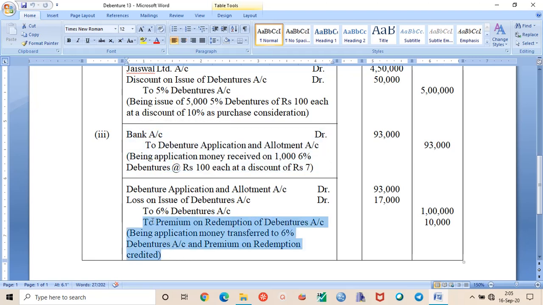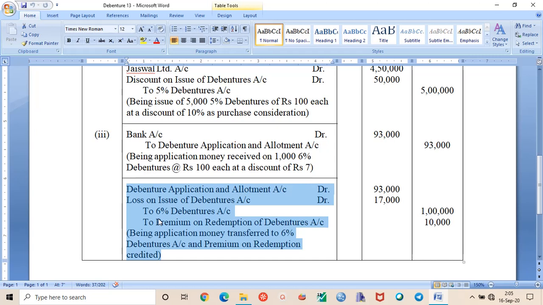Now when you pass the second entry, it is quite critical in the beginning, but once you understand this concept, it is very much simple. You are redeeming the number of debentures at a premium of 10%.